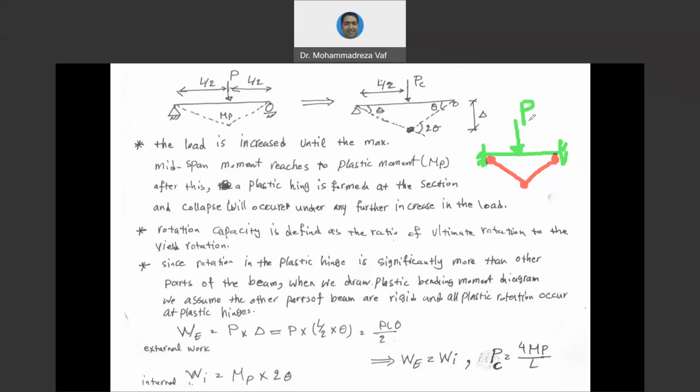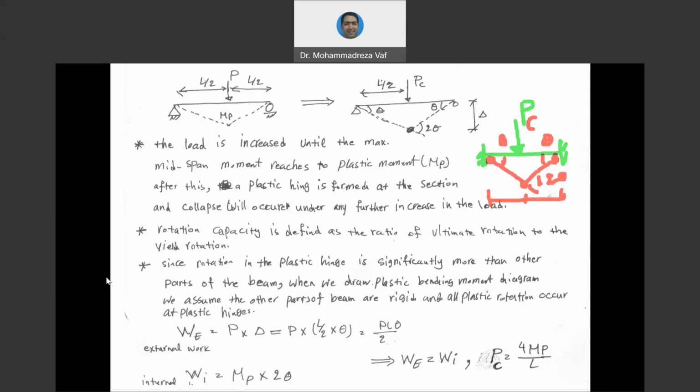So if you want to calculate the P critical for this beam with the same length as the first one, you can use the same technique that we had here. So again, according to the symmetry, this angle is going to be theta, this angle is going to be theta, and here we have 2 theta as the rotation angle.